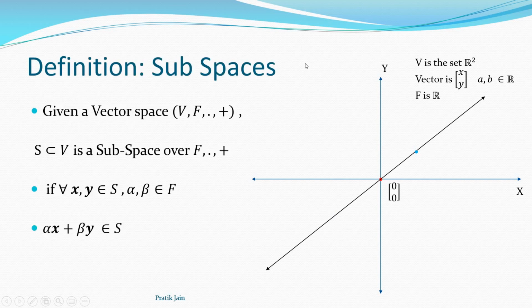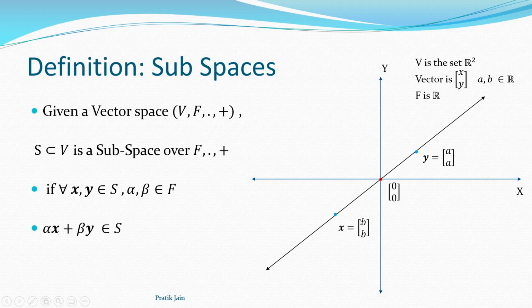Okay, so let us formally define subspaces. Not all subsets of a vector space can be a subspace. Given a vector space V over a field F, with dot and plus, we can say S is a subspace over the same field F, if and only if you take any two vectors x comma y, that is this a and b, in my subspace, and the linear combination of these two vectors also lies in the same space.